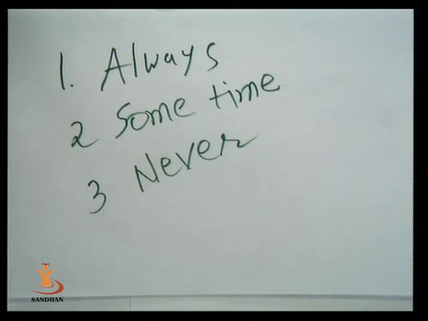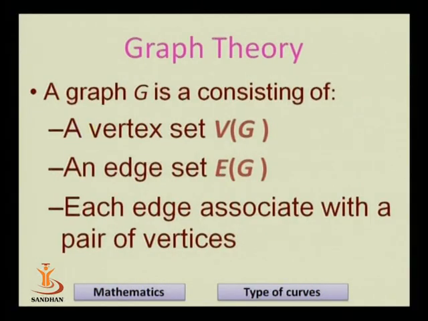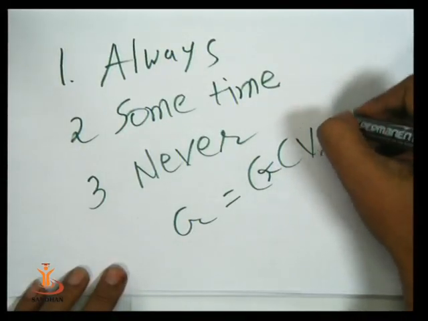Graph theory. First we define graph. A graph G consisting of an ordered pair (V, E).